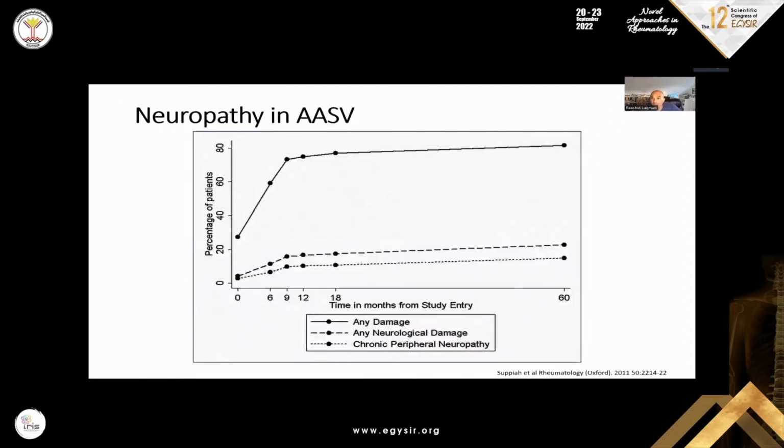Now, taking neuropathy as an example of a damage item, you can see how over time the amount of damage might stabilize after 5 years, having increased initially in this cohort of patients with ankylosing.